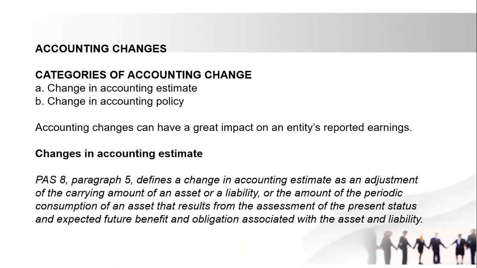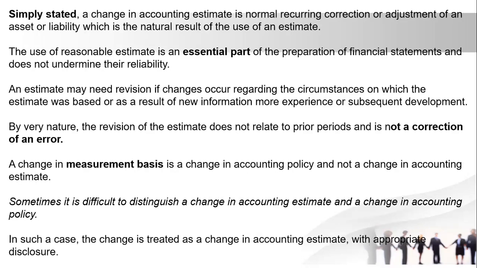Change in accounting estimate. PS 8 paragraph 5 defines a change in accounting estimate as an adjustment of the carrying amount of an asset or a liability, or the amount of the periodic consumption of an asset that results from the assessment of the present status and expected future benefit and obligation associated with the asset and liability.